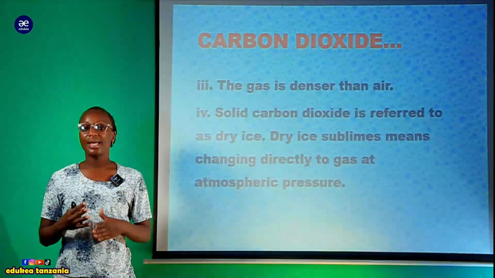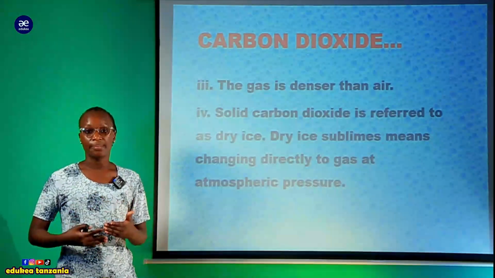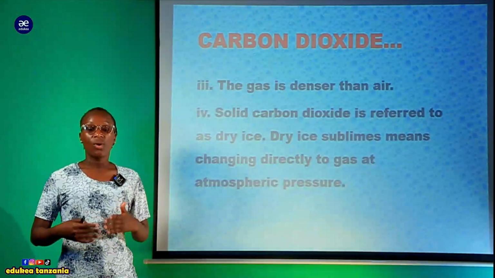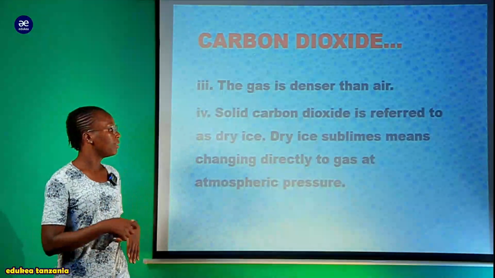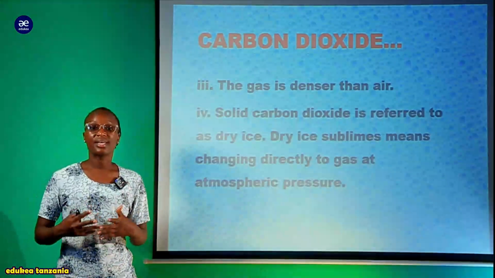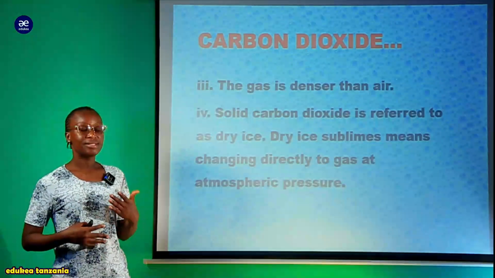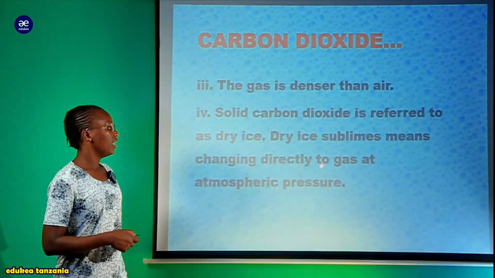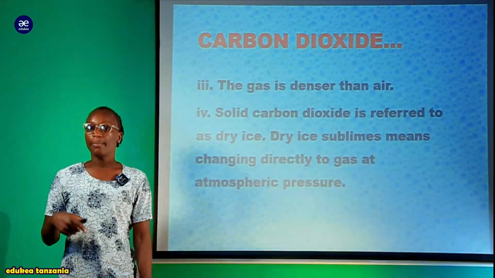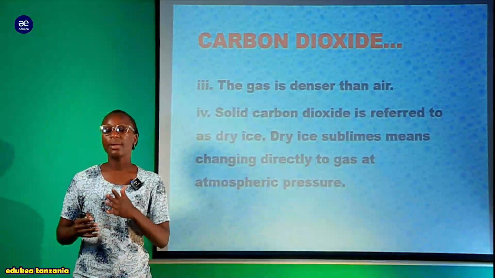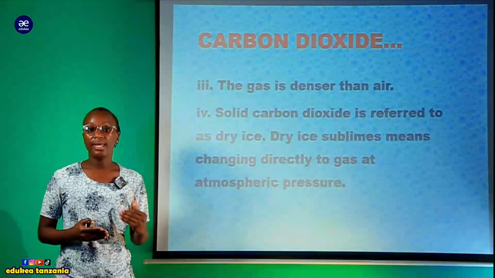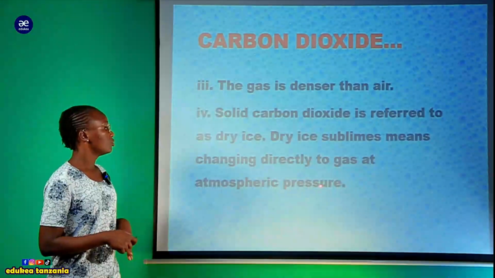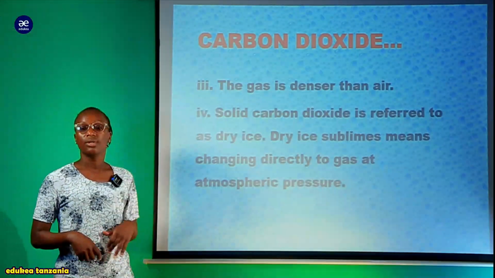So this dry ice tends to sublime. When I talk about sublimes, it means sublimation is taking place, that is, at atmospheric pressure the carbon dioxide tends to change directly to gas.